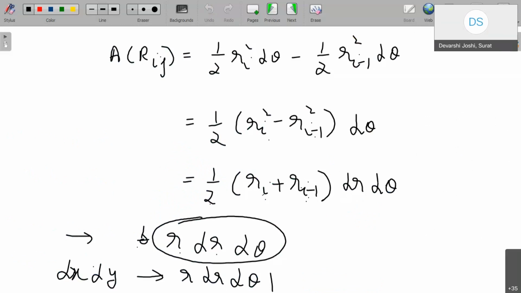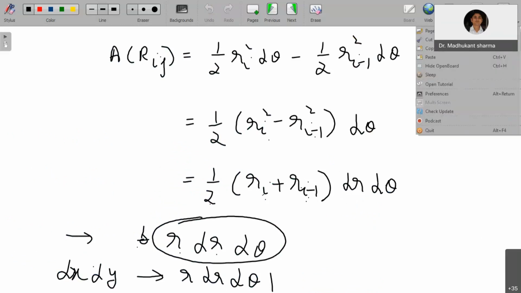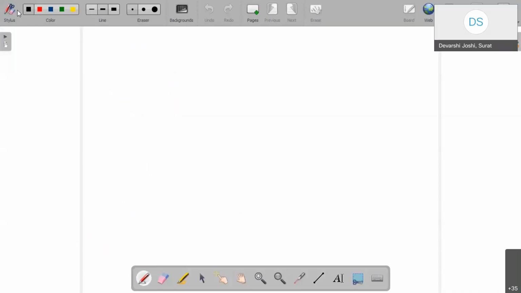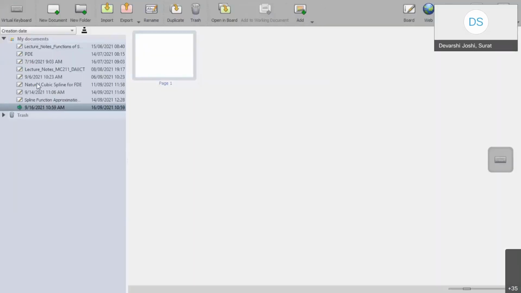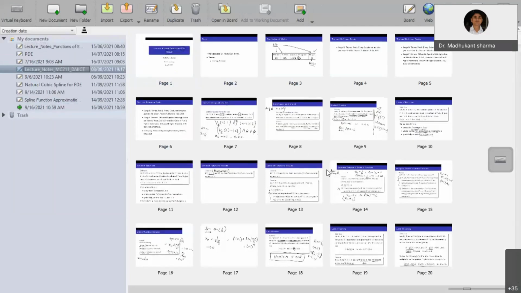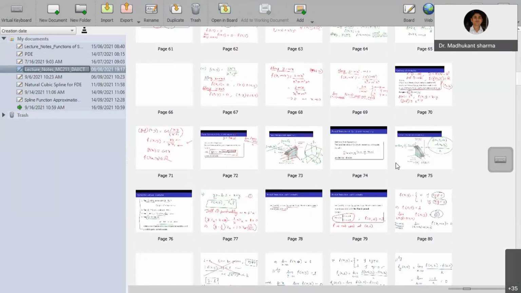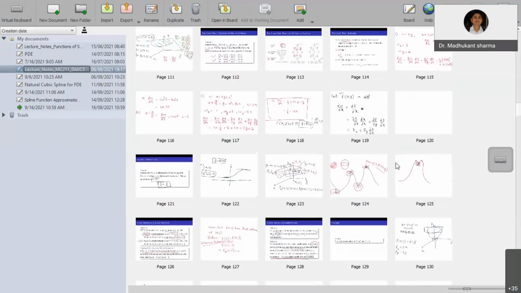No, the length of the circular arc is not dr. It is going to be r times d theta. I will show you, just like the parametric circumference we have seen. Okay, sir, I understood it. I have introduced both things, so when you are interested in length into breadth, that is also fine.